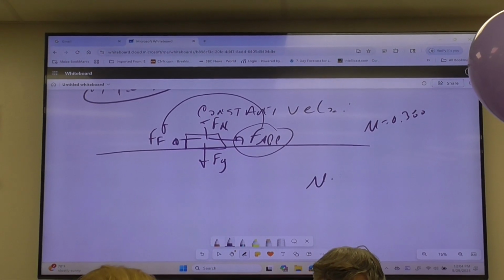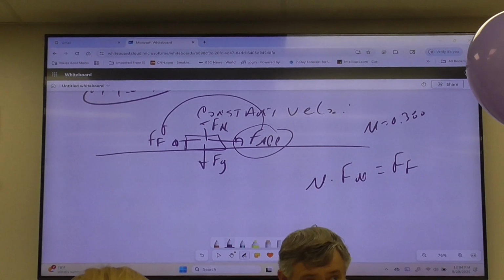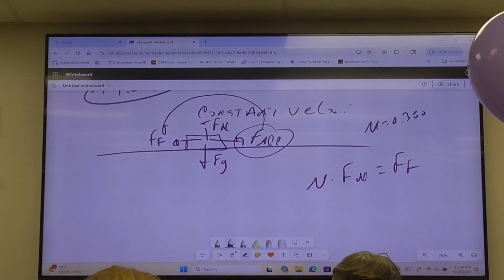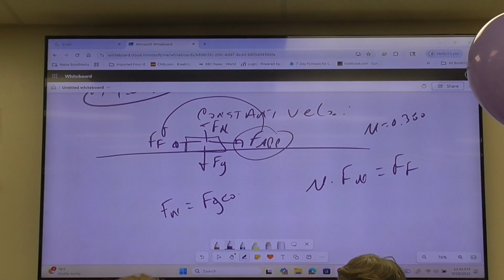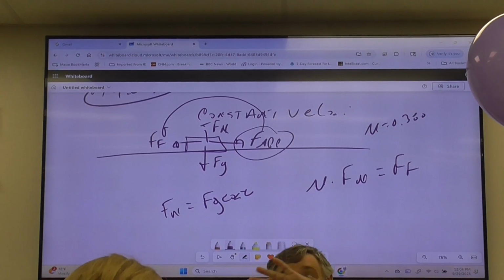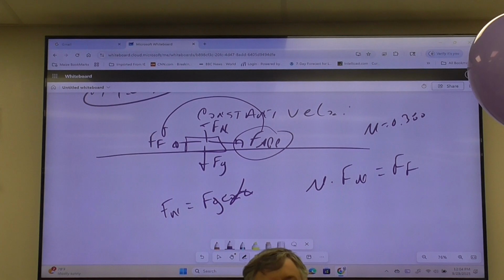So you know that mu times force normal equals force friction, which begs the next question, how do we find force normal? Well, there's a handy-dandy little equation that says force normal equals Fg cosine theta. You don't have to worry about the cosine theta part right now. You will, but not right now. Then you go, but how do we find Fg?